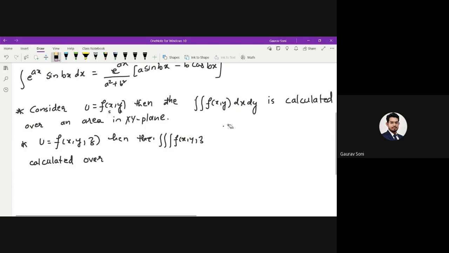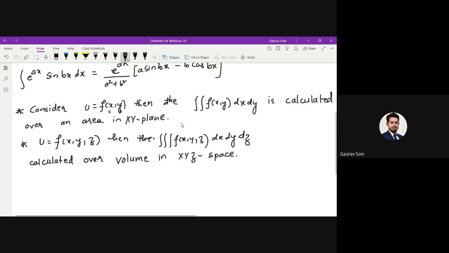So the triple integral will be done over an area in xyz plane. Can we say area in xyz plane? xyz comprise three-dimensional space. It is not a plane, right? So it is calculated over a volume in xyz space. Okay.